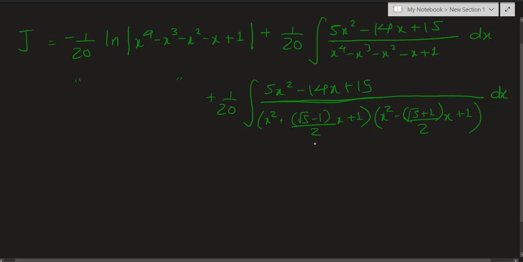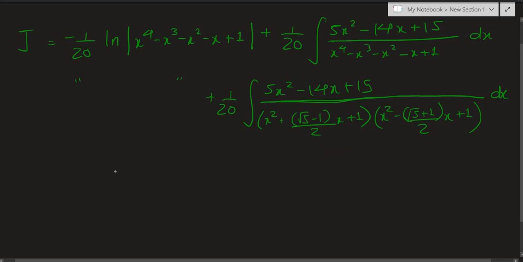So we basically have to do partial fraction decomposition on this crazy expression. And since we have a product of two quadratics, when we split this into the sum of two fractions, the numerator terms will always be linear.